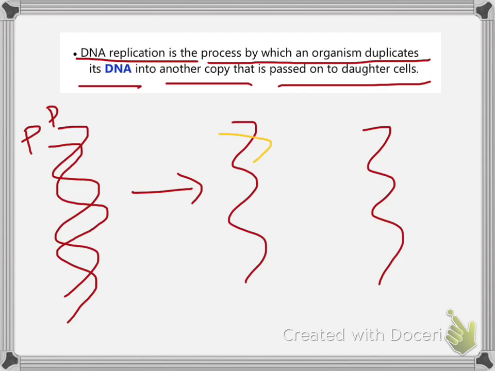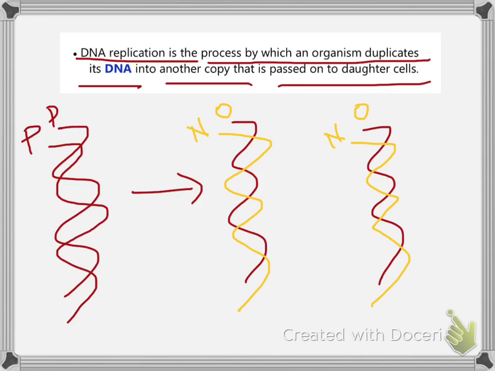A new complementary strand is synthesized for this and also for this strand. So we get one new strand, one old strand. Here also one new strand, one old strand.